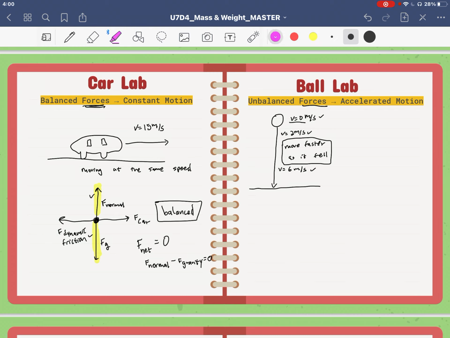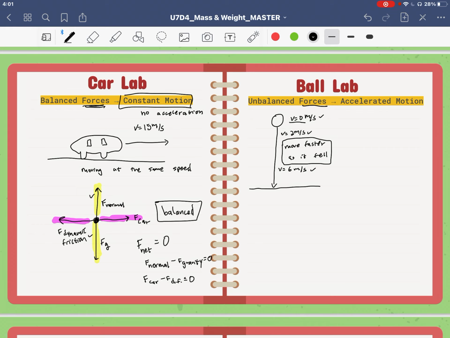And the same is true in the x direction, that we have F of the car minus F of dynamic friction also equal to 0. Our forces are balanced, they equal 0. This means we saw constant motion. Another way to say that, no acceleration. The car was just moving along at the same exact speed.